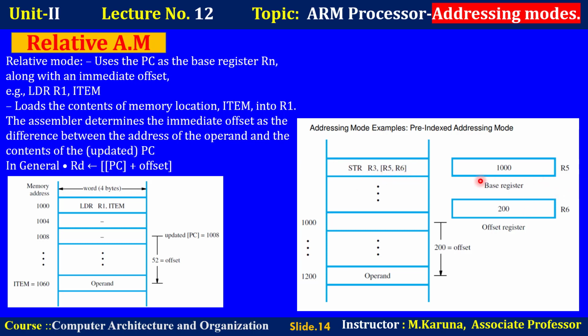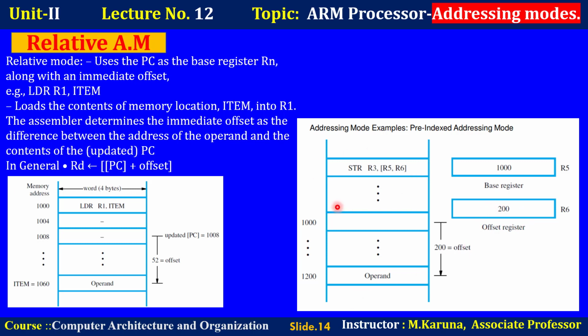R5 has 1000, R6 has 200. These two are added to get the effective address of the data. If you add these two, then 1200 will be generated. The offset address resides in R6.